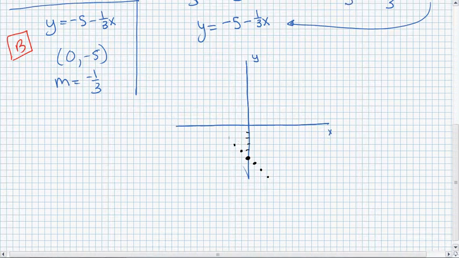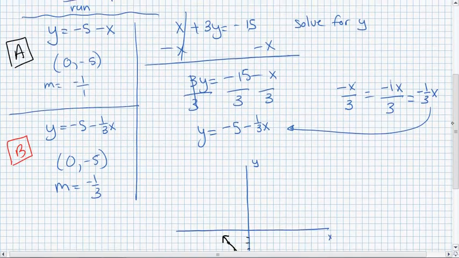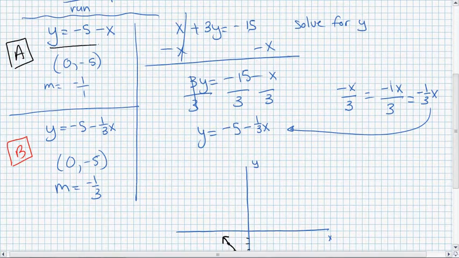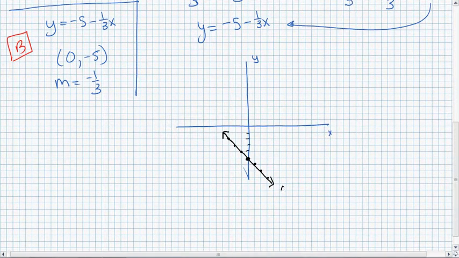And I'll also make some points going in the other direction just so I can get a nice line. Wow, that wasn't so great. There we go. It's a little bit better. And I'm going to label that line with the original equation, y equals -5 minus x.